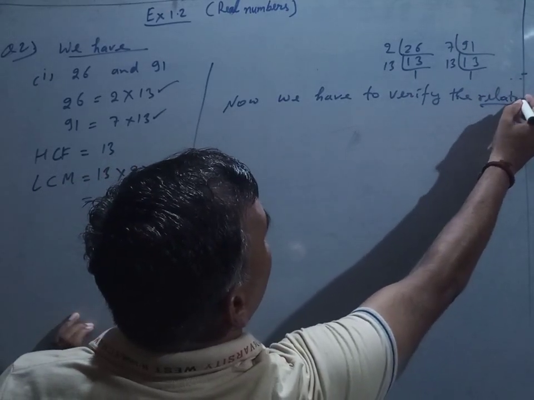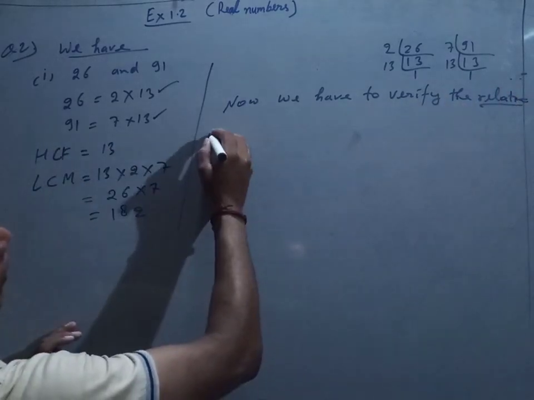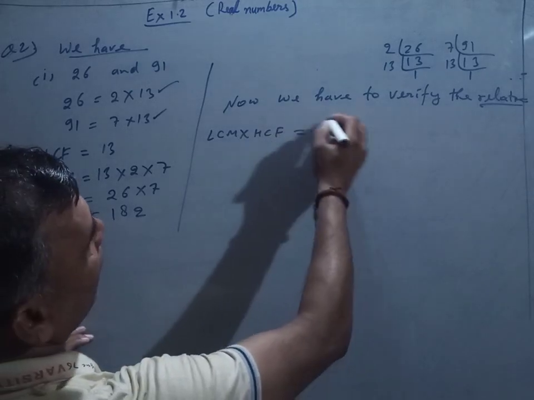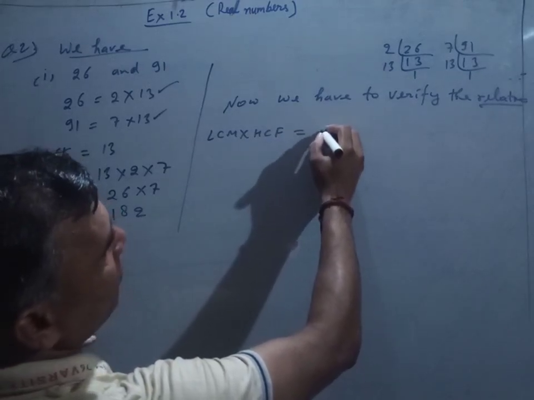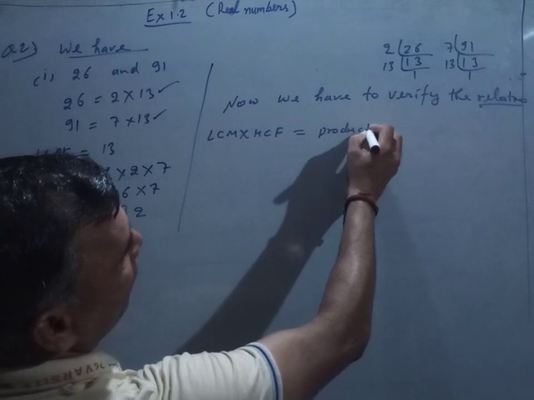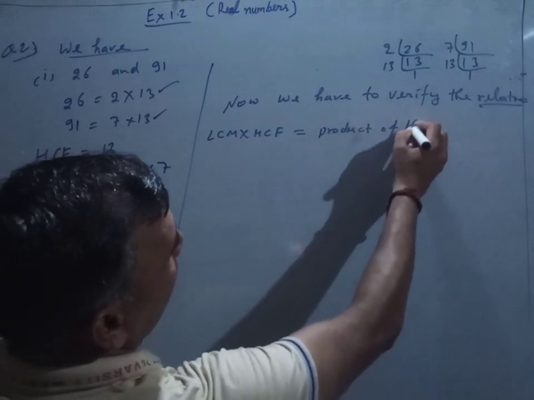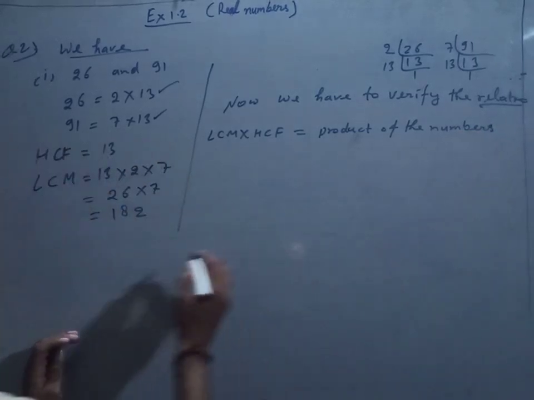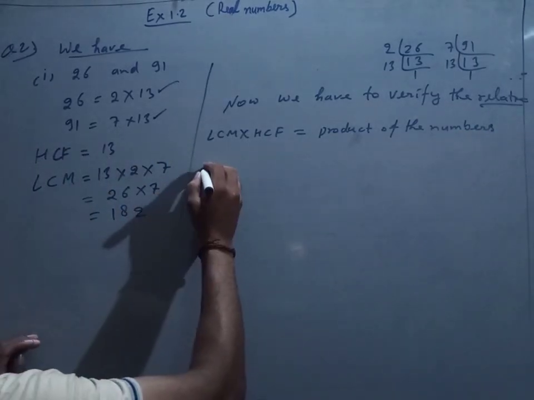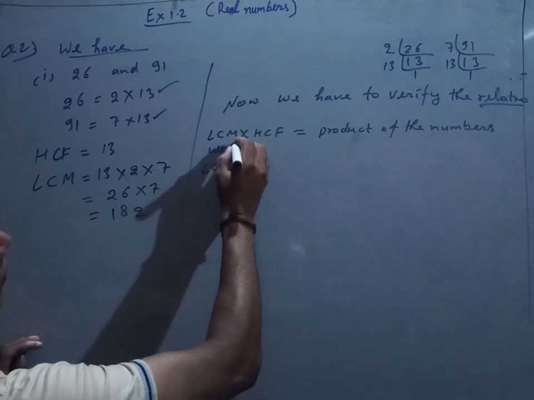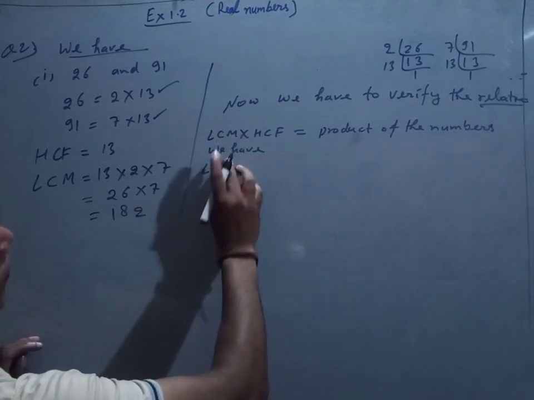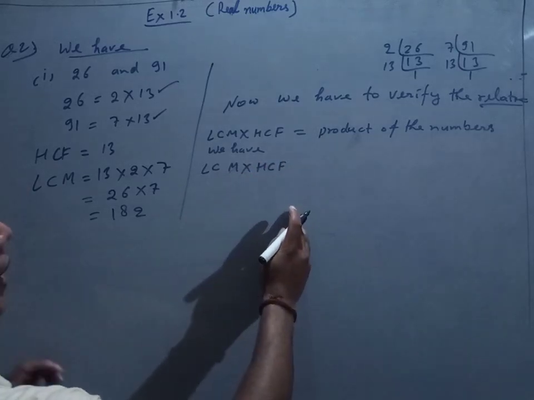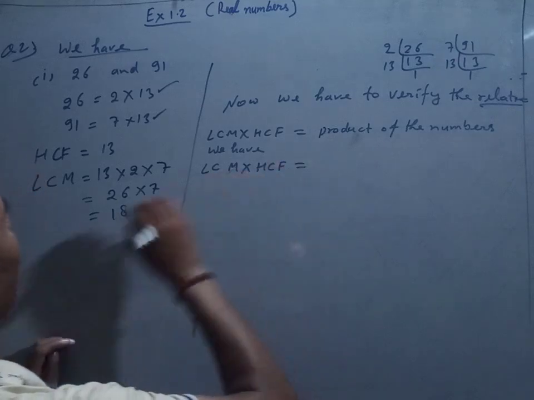Okay students, the relation: LCM multiplied by HCF equals the product of the numbers. Here we have LCM multiplied by HCF.